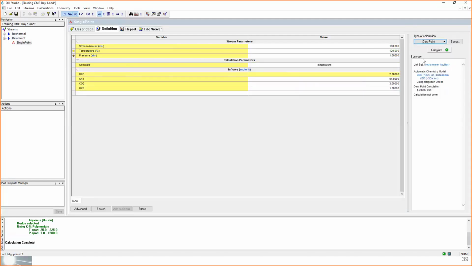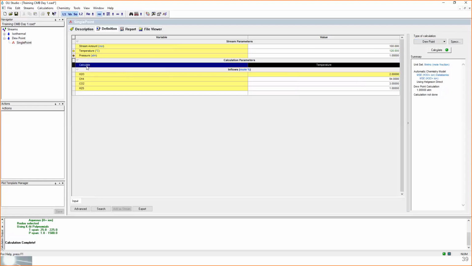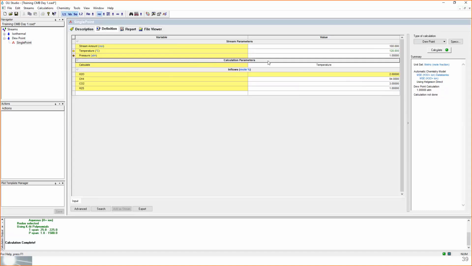There will be only one change in the workspace: you now have a new section that says calculation parameters. What this means is the software will calculate the temperature at which the first drop of water will condense or form, okay?